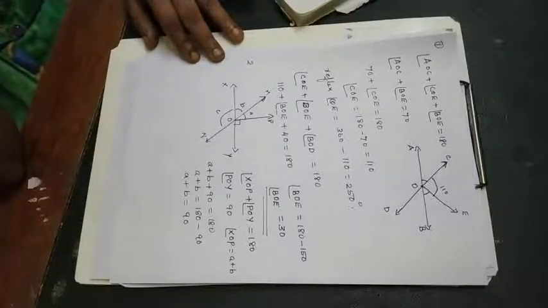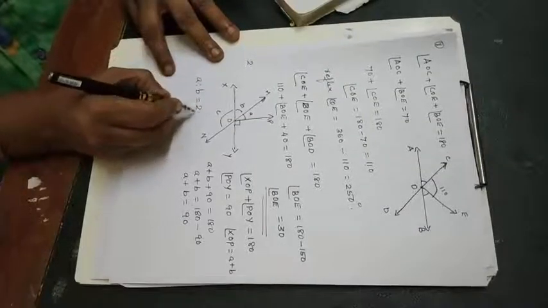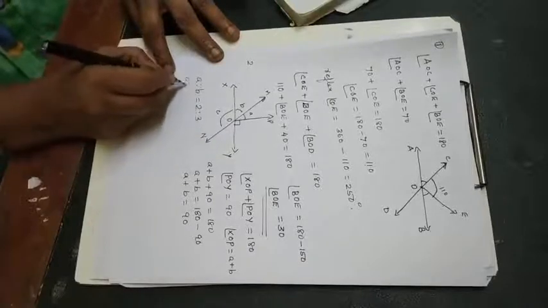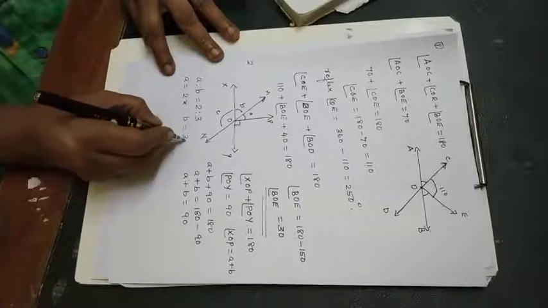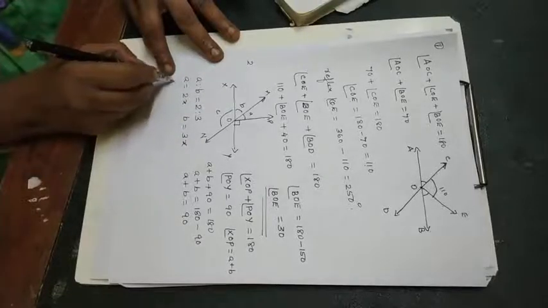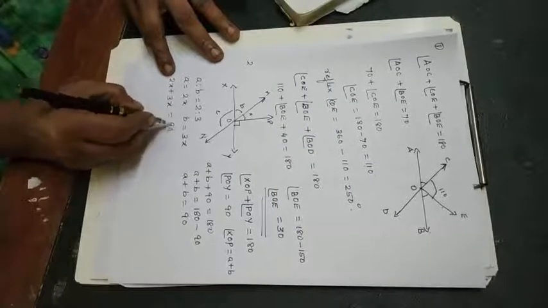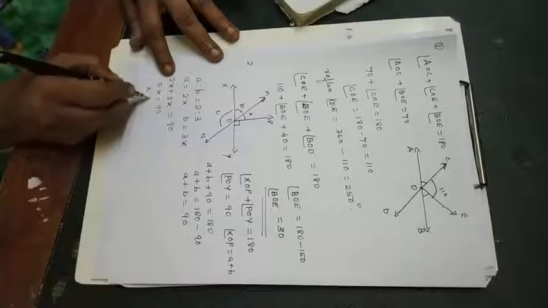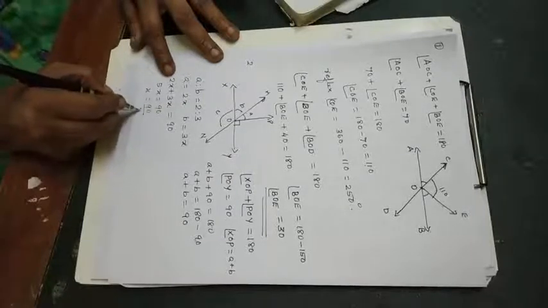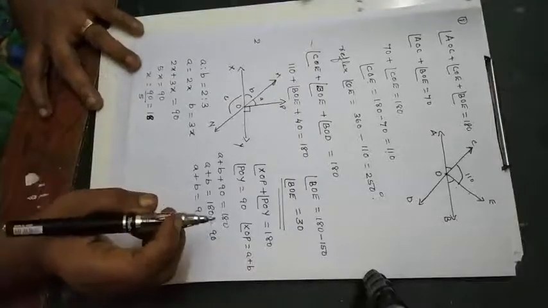Now it is given they are in the ratio 2:3. So A is to B is in the ratio 2:3. So A you can write as 2x and B you can write as 3x. So 2x plus 3x is equal to 90, or 5x is equal to 90, or x is equal to 90 divided by 5, 18.